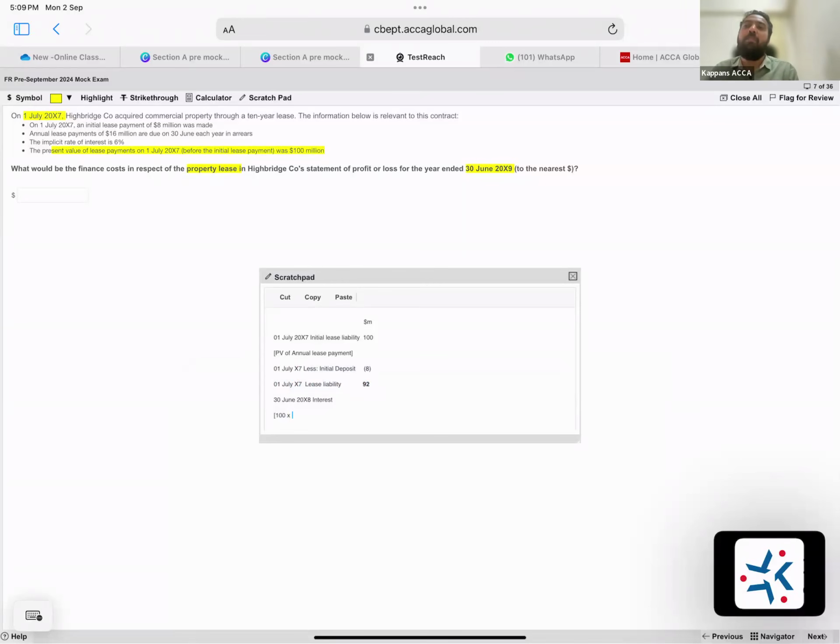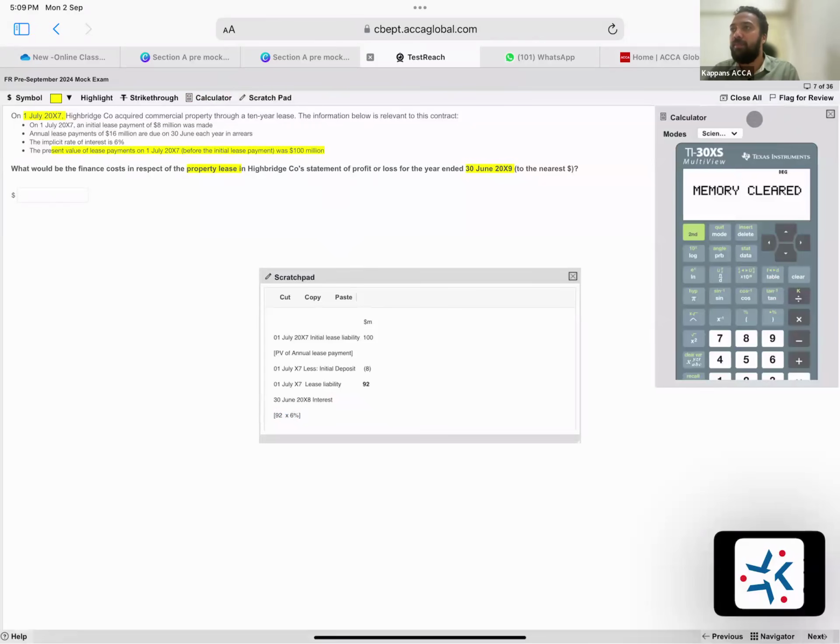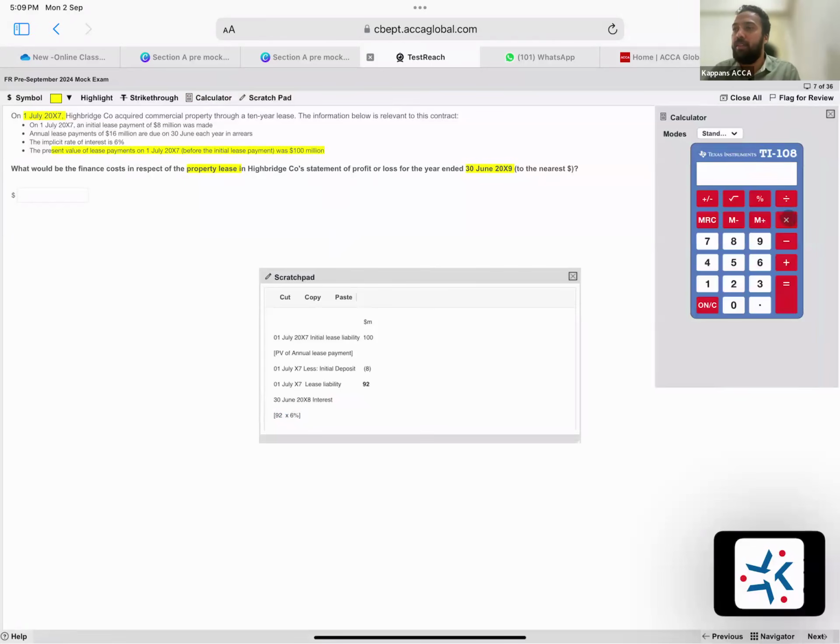Now multiplied by, it's not 100, it's 92 multiplied by, how much is the implicit interest? 6%. So 92 into 6% is equal to, you can use the calculator to find it out. 92 multiplied by 6%, 5.52. So interest rate implicit in the lease, or interest, is 5.52.